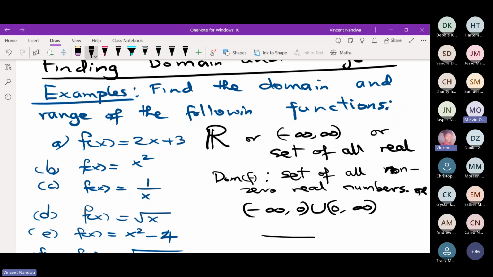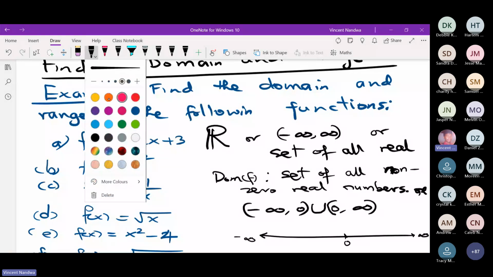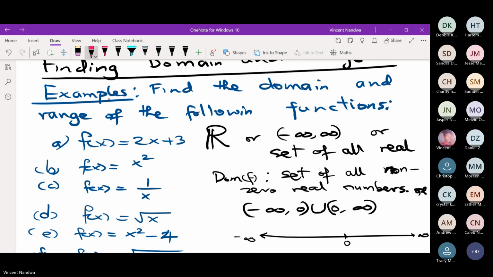So if this is the real number line, where you have minus infinity, positive infinity, and here is where you have 0, then any number on this line except the number 0 will form part of the domain. You pick this part plus this other part, which is what you're saying from minus infinity to 0 union, or we are joining, 0 to infinity.